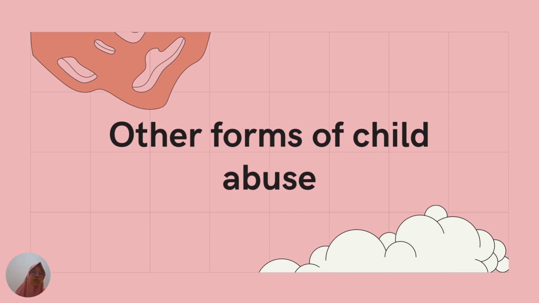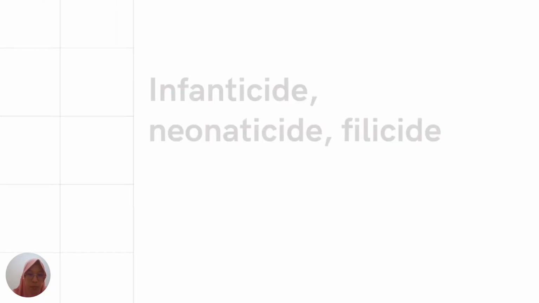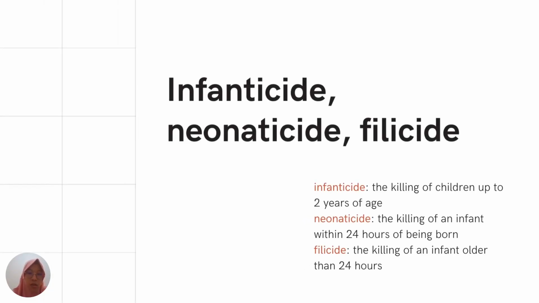And then next, I want to discuss other forms of child abuse outside of the four major ones. So the first one is infanticide, neonaticide, or filicide. Actually, infanticide is the umbrella term for neonaticide and filicide. So infanticide is the killing of children up to 2 years of age.